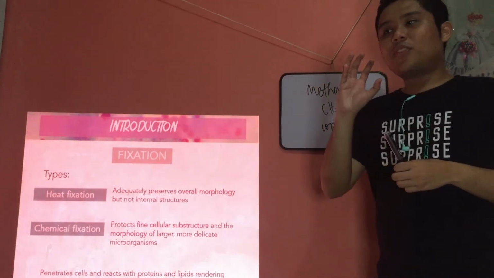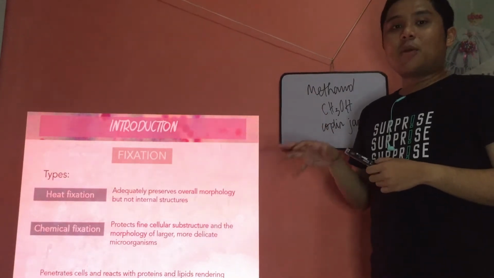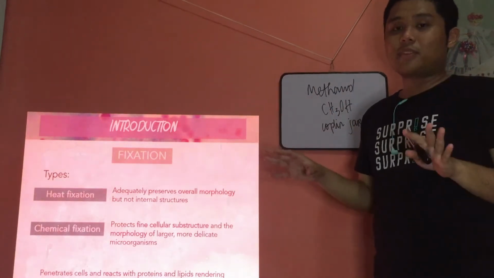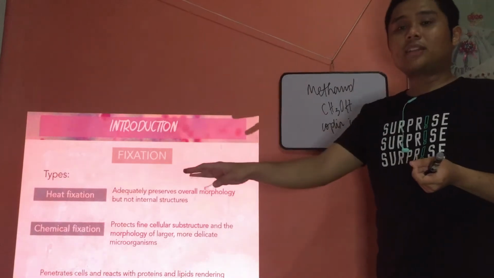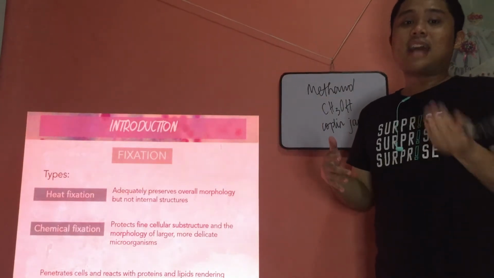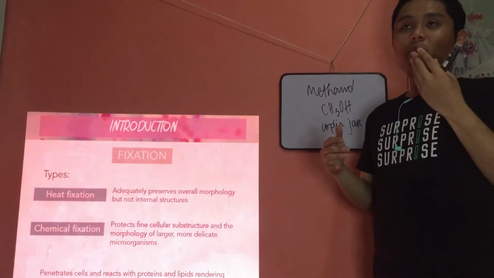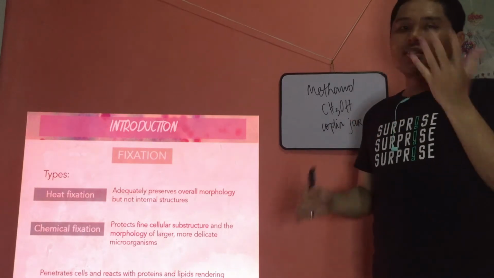And if they cannot be fixed before staining, its enzymes, proteins, lipids will continue to function, and the ultimate end result is dying. The morphology of your cells will be destroyed, and so we cannot see it anymore.